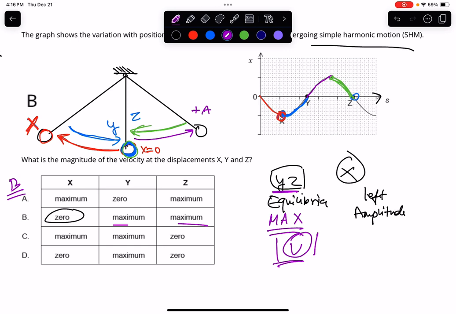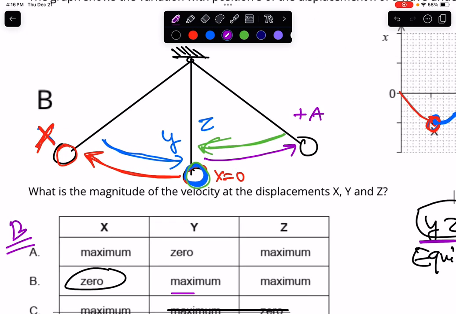Okay, now if we wanted to make the question tricky, if the IB wanted to make questions a bit more tricky for you, then they could have introduced this idea of maximum or minimum, right? So since Y is approaching your equilibrium from the right, when the bob approaches Y, it's going in the positive X direction.